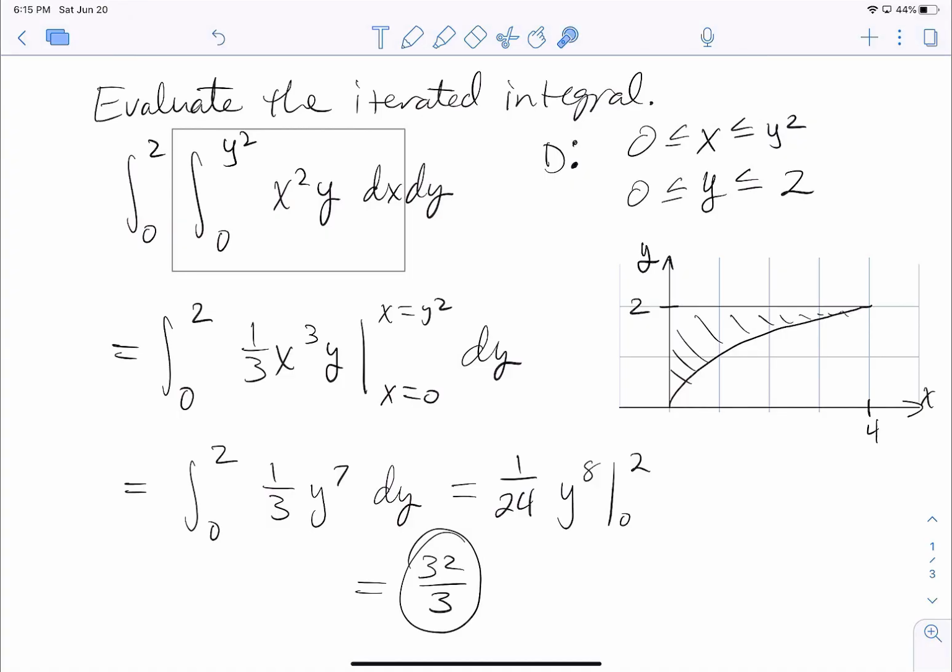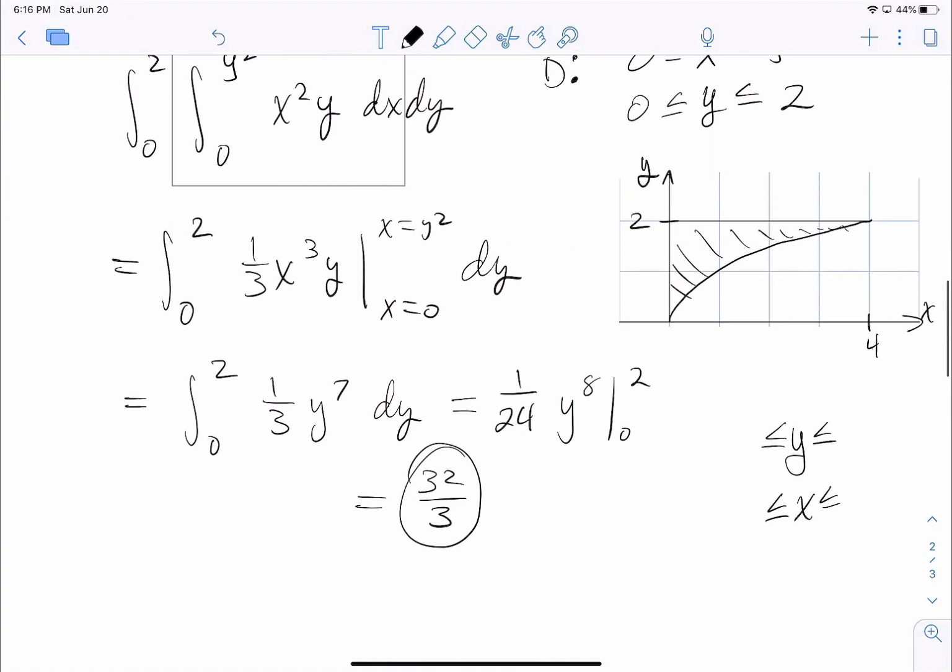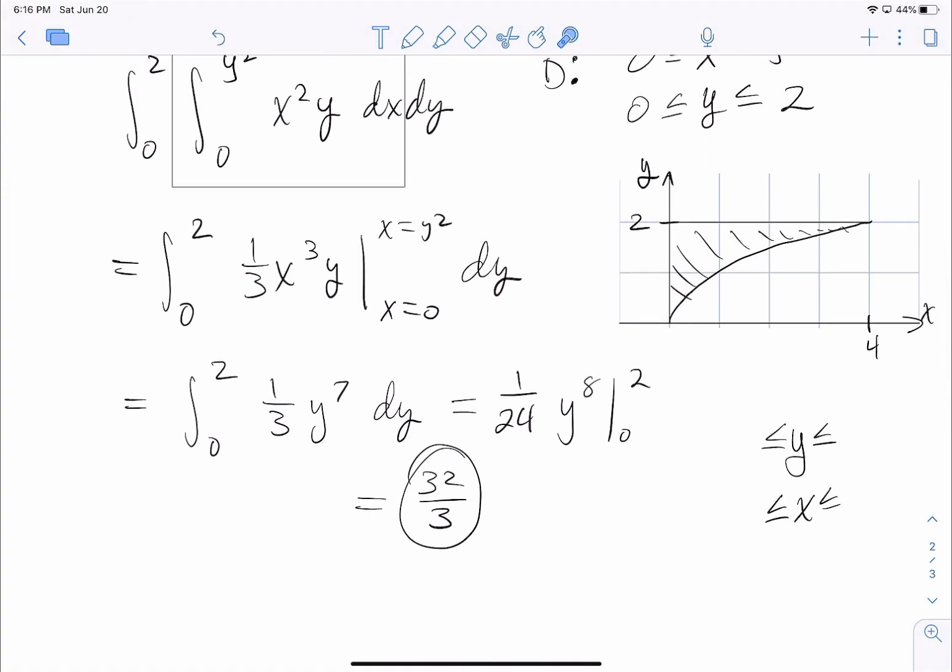Now we could, if we wanted to, reverse the order of integration, and in order to do so, what we would do is figure out limits on y, they would be variable limits, and then figure out limits on x, in either order. And in fact, we can see that x is going to go from 0 to 4 for the region that we have now, thinking about the fact that x has to have constant limits if we're going to reverse the order.